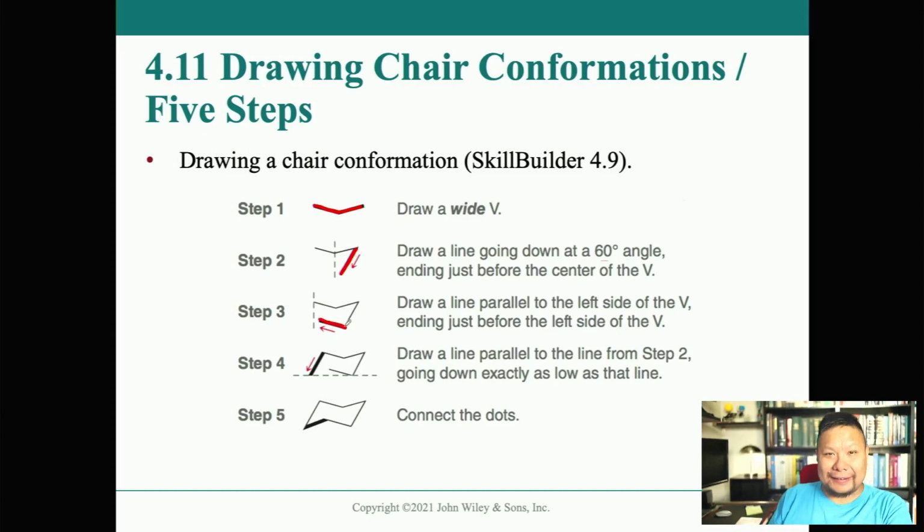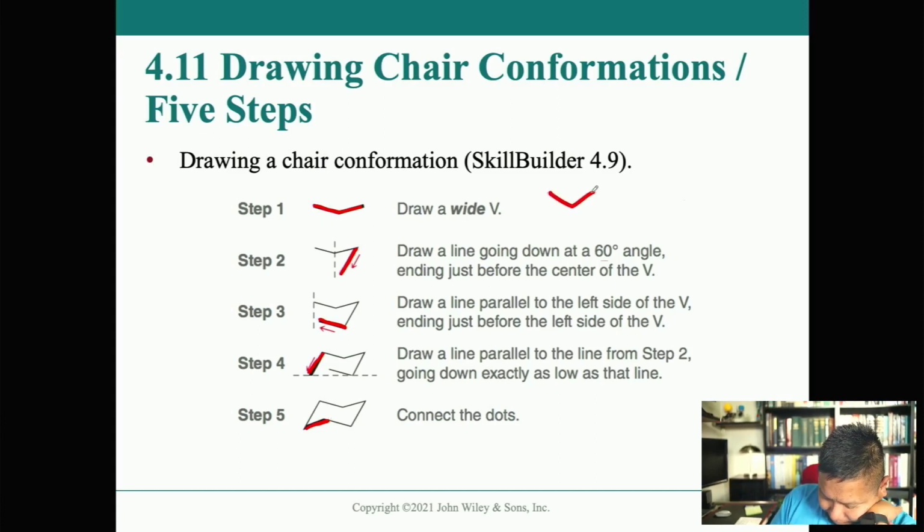And then, draw a line parallel from step 2 down exactly as low as that line. Then connect the dots. The dots? What dots? Connect the lines, I guess. All right, let's try this. Let's see if I can do this.